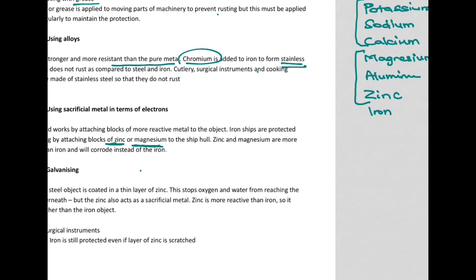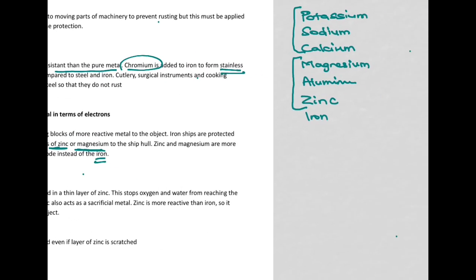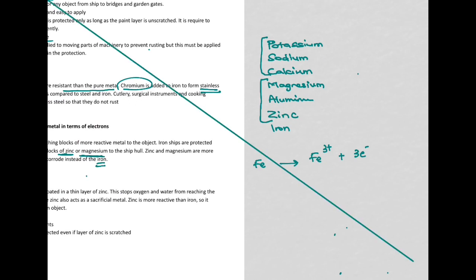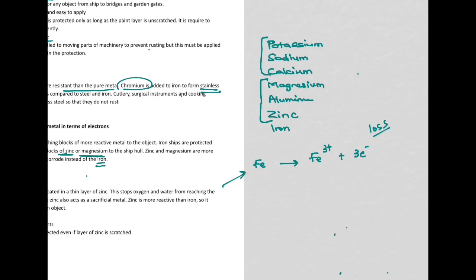When we have oxidation of iron, we saw that Fe forms Fe3+, and it loses 3 electrons. On this side it means loss, and on this side it means gain. So here there is loss of 3 electrons. But when you have zinc attached, the zinc will instead lose the electrons.